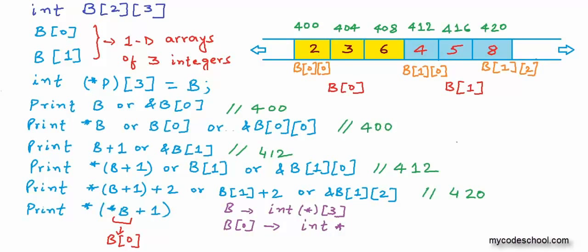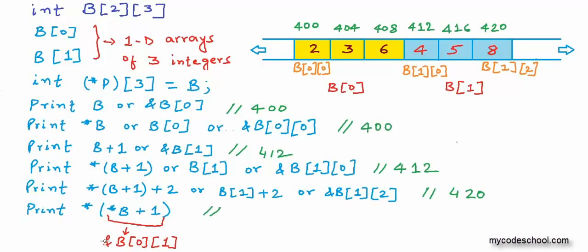It will take you 4 bytes ahead to the next integer. It will return you a pointer to the next integer. So we will get a pointer to this integer at address 404. *b plus 1 is basically &b[0][1], and with this final dereferencing we can get rid of this ampersand, so the overall expression will be b[0][1], which is 3.